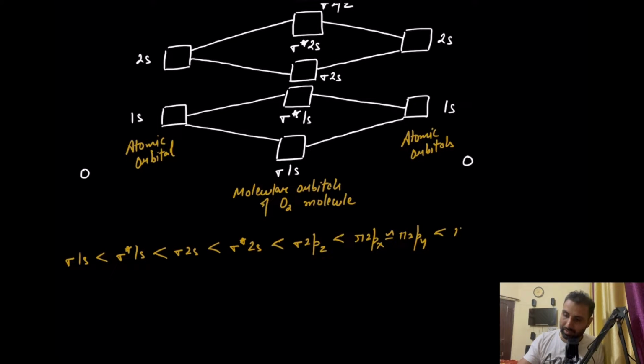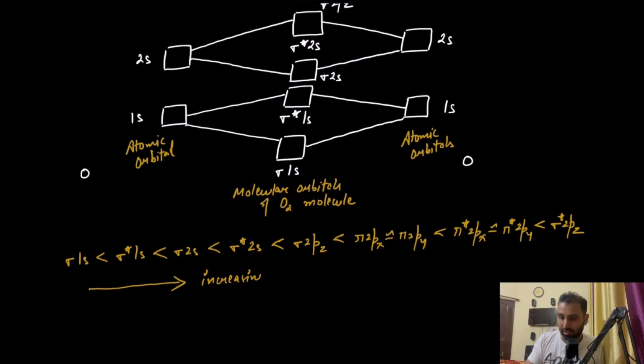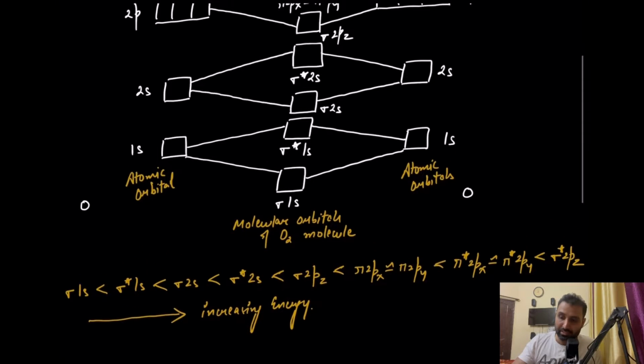After that pi star 2px, pi star 2py, and finally the highest energy is of sigma star 2pz. So this is the energy order, and it is the pattern of increasing energy. So we got the energy orders of the molecular orbitals now.